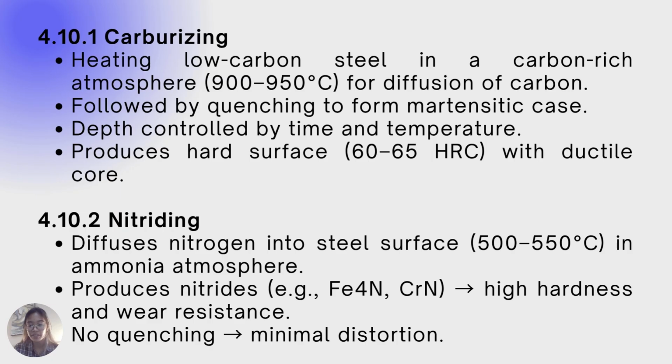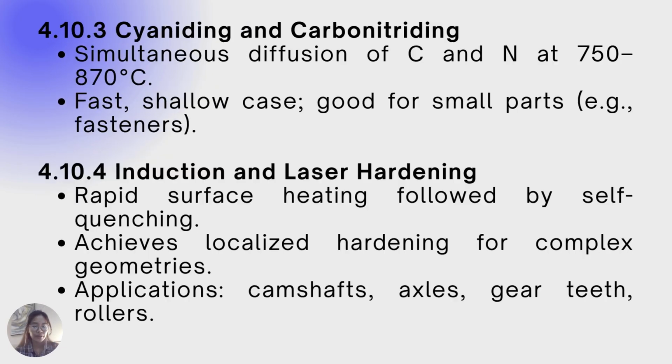This forms hard nitride compounds, for example, aluminum, chromium, and molybdenum nitrides. This results in a very hard surface, up to 1100 HV, a case depth of 0.1 to 0.6 millimeters, and minimal distortion. The application is used for gears, shafts, valves, and pump parts.